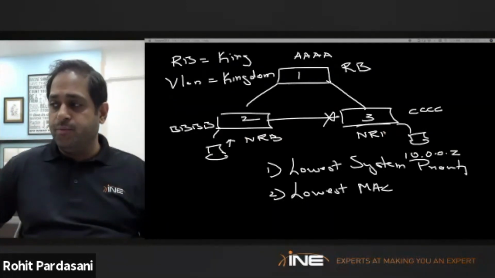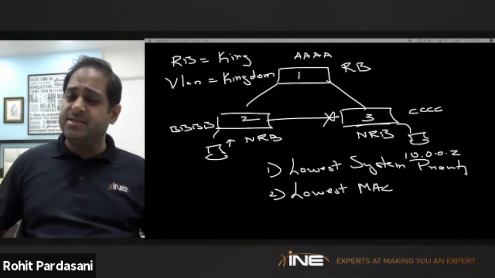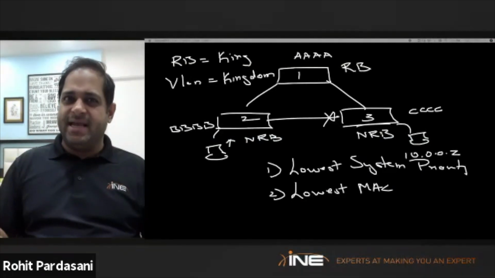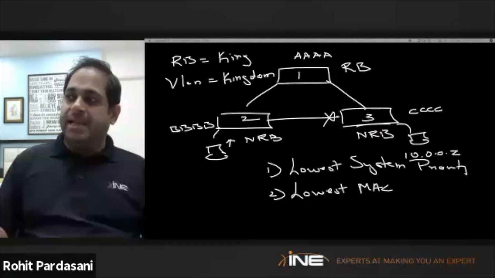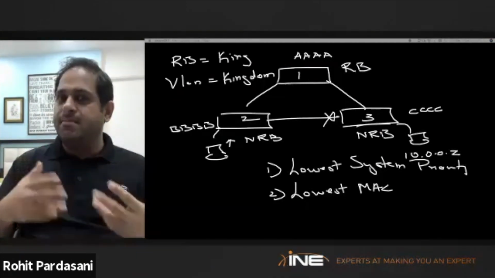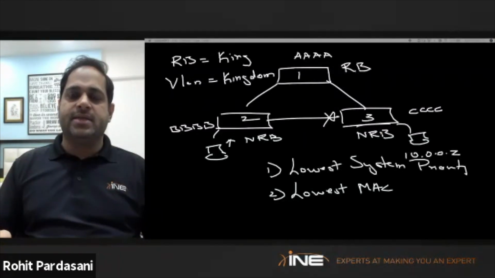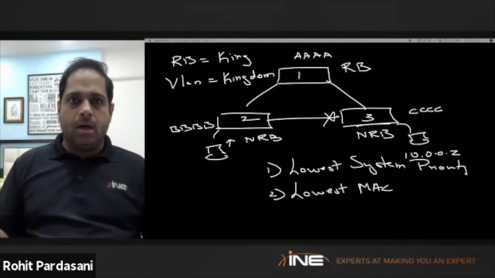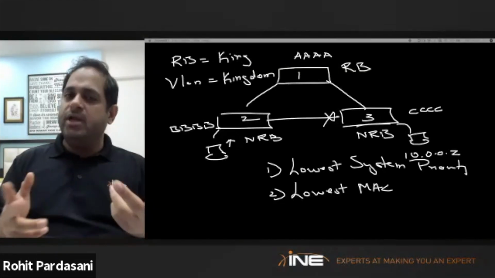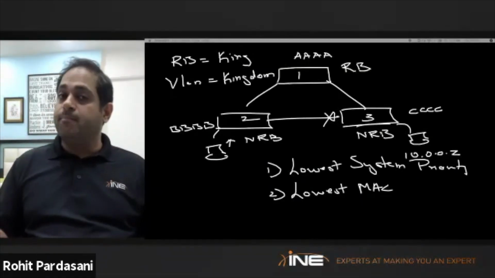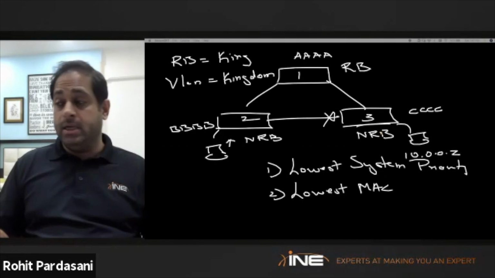Now, it is the root bridge which basically sends the configuration of how my port states should be. Which port should be in forwarding state? Which port should be blocked? Now, your port state really depends on what kind of mode of spanning tree you're running.